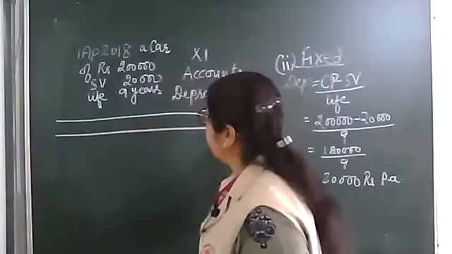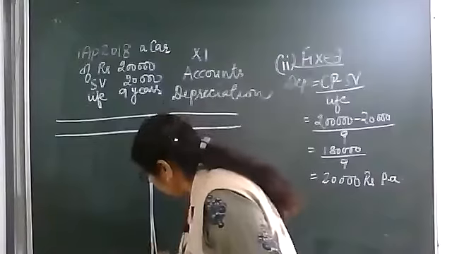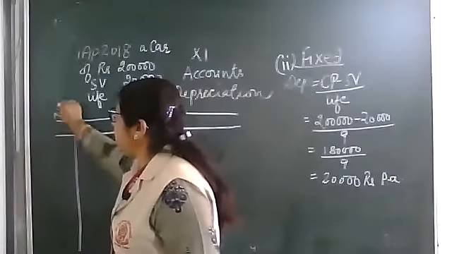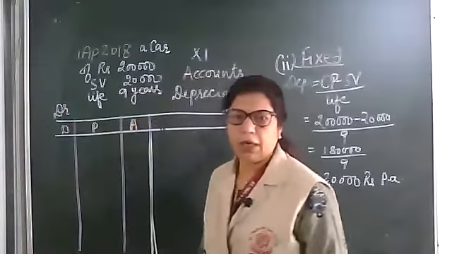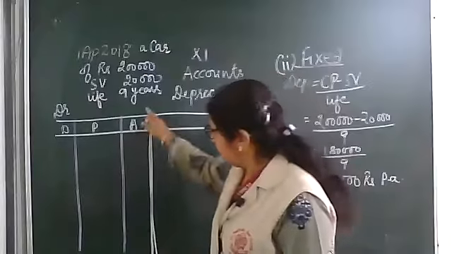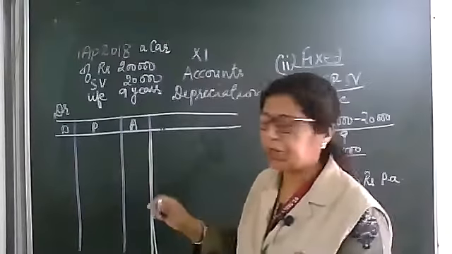Now how to make the car account? This is the debit side: date, particular, amount. This is the credit side. Make a little bit one more line, so make the portion.